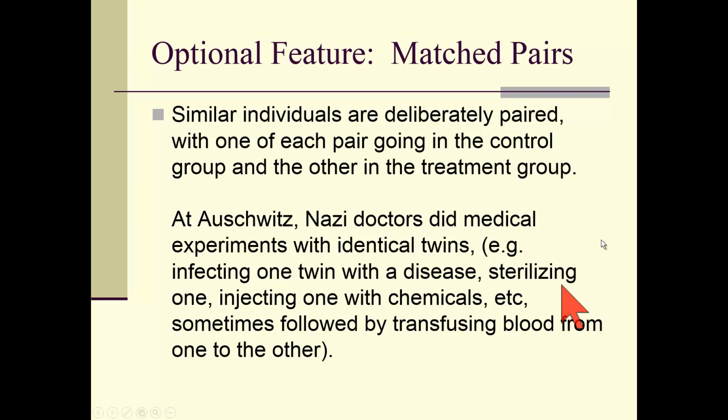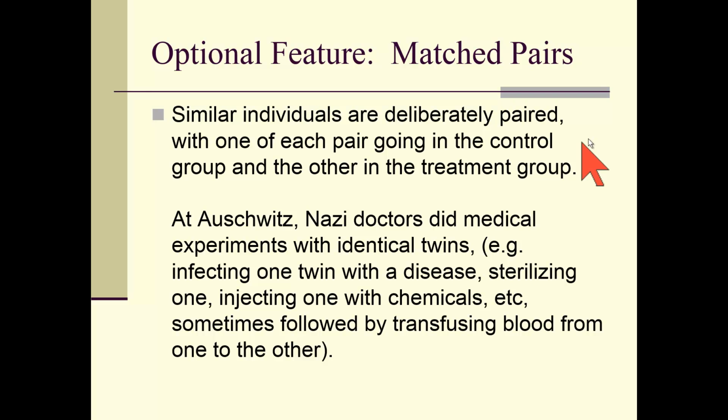So, for example, infecting one twin with a disease and the other not, and then studying their survival rates and symptoms and so on, or perhaps exposing one twin to a toxic chemical and the other one not, and again investigating how they reacted to that. It was morally repulsive, obviously, and completely unacceptable, but there was a scientific principle going on. The Nazi doctors were using matched pairing.